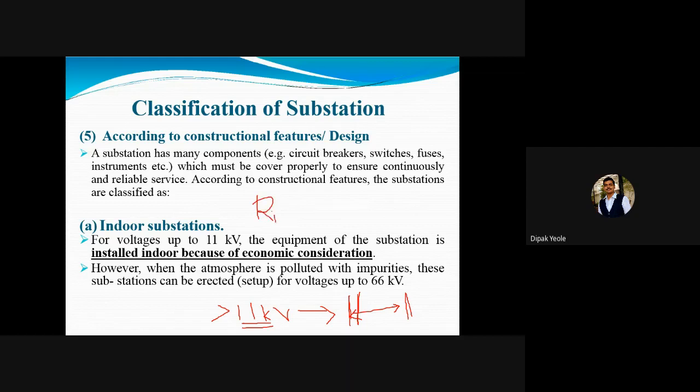Remember the right hand thumb rule. Whenever we hold the conductor in our right hand, the thumb indicates the direction of current and the curved fingers indicate the direction of magnetic flux. If 11 kilovolt conductors are placed near each other, they will produce magnetic flux around them and interfere with the neighboring transmission line. Hence this is the limitation of the indoor substation.